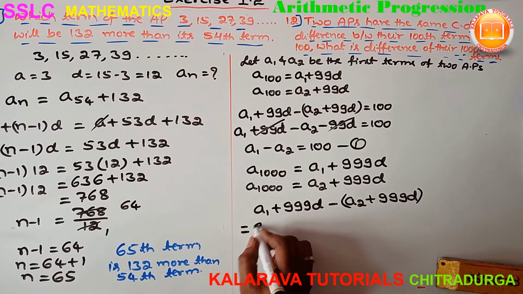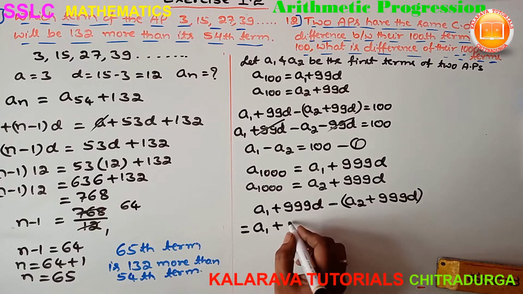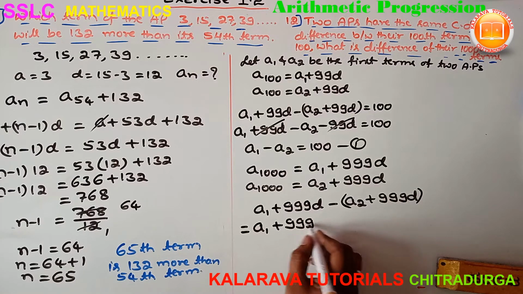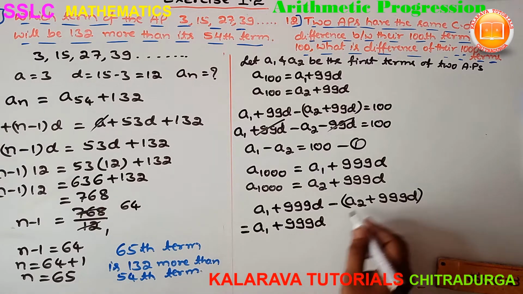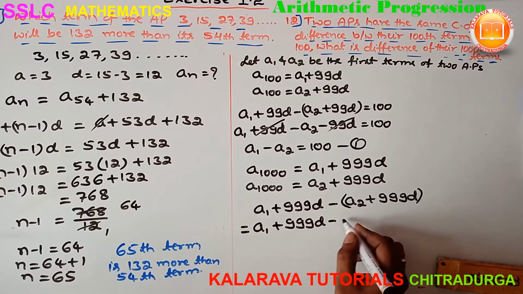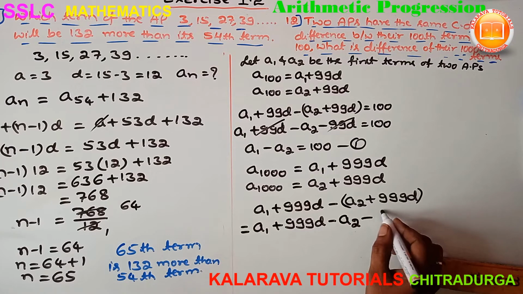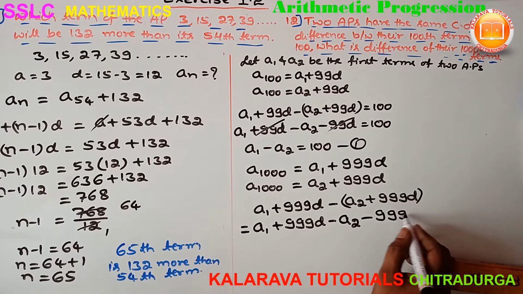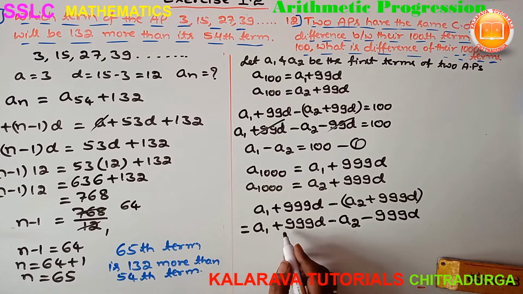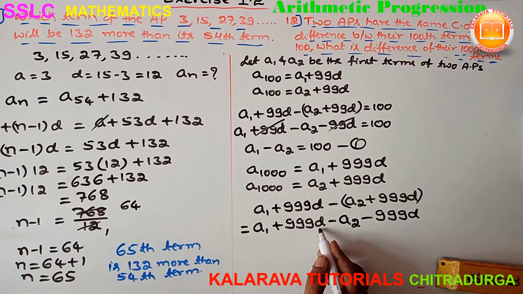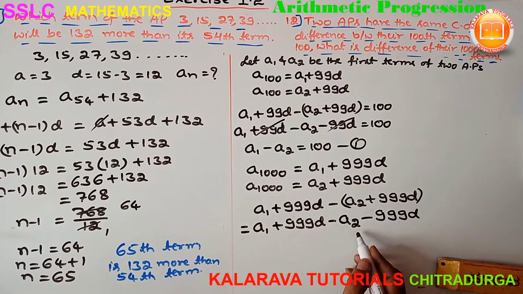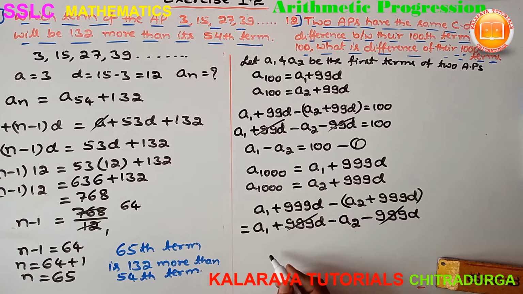So I write here A1 plus 999d as it is. We have to multiply this minus to both the terms. Minus into plus gives minus A2. Here minus into plus gives minus 999d. Here you observe this is plus 999d and here it is minus 999d. Both get cancelled.